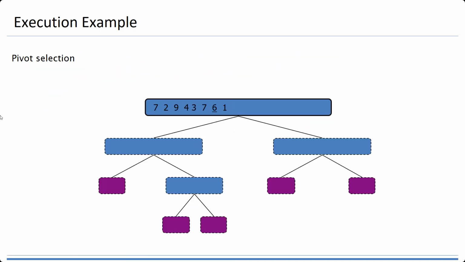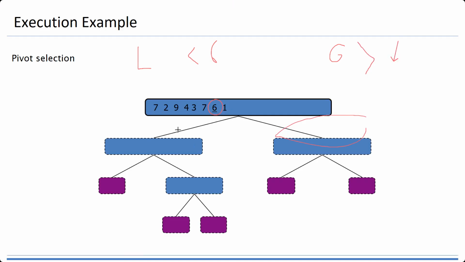So let's see. I have the numbers 7, 2, 9, 4, 3, 7, 6, and 1. Now I choose a pivot randomly. Let me choose 6. Then L, the left, will be any value less than 6, and G is any value higher than 6.